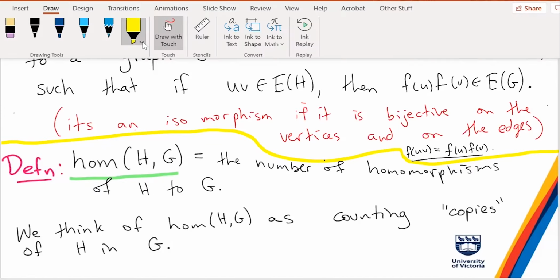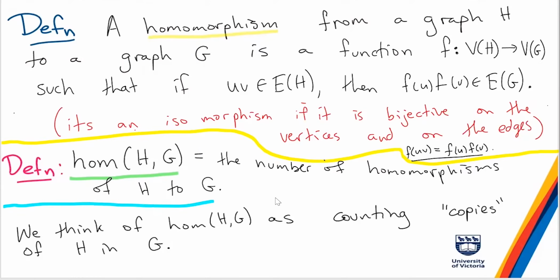In some sense, you can think of hom(H,G) as a way of measuring how many copies of H there are in G. Although, because homomorphisms don't have to be injective, it's not what you would usually think of as a copy. Certainly if you look inside G and see a subgraph which is isomorphic to H, that's going to give me a homomorphism.